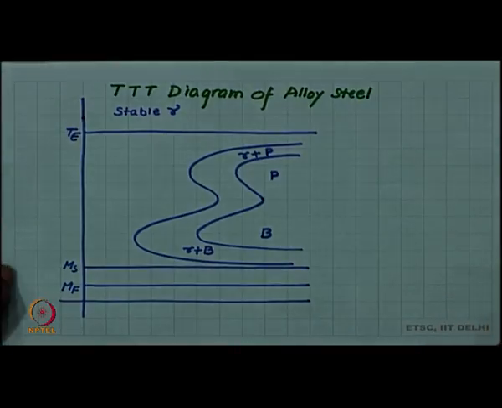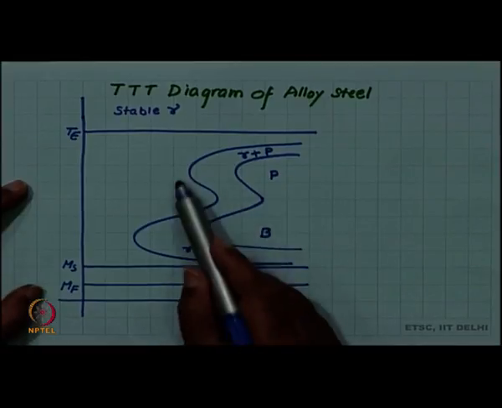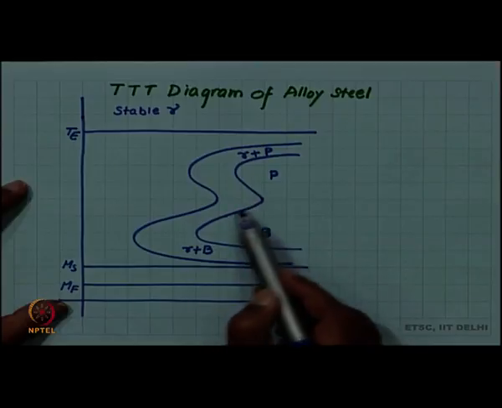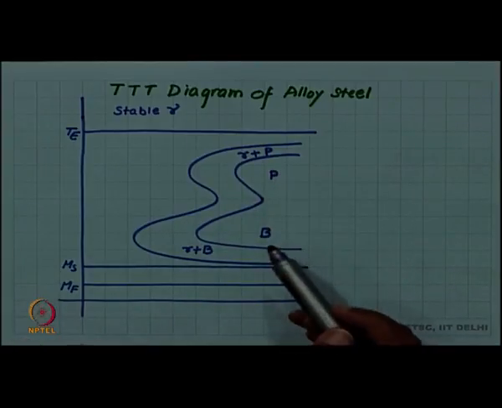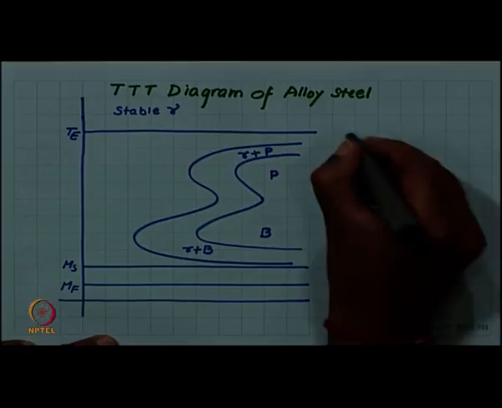First of all, you see that instead of a single nose, we now seem to have two noses. So, there are two separate C curves, that is, the C curves for pearlite and bainite have been separated. This is the first effect of alloying.